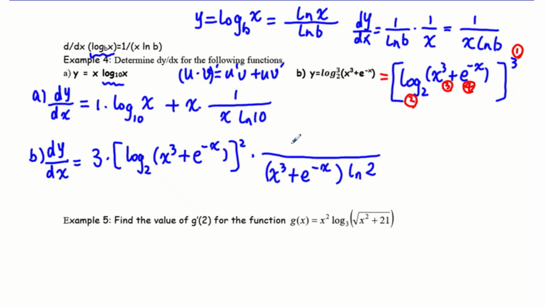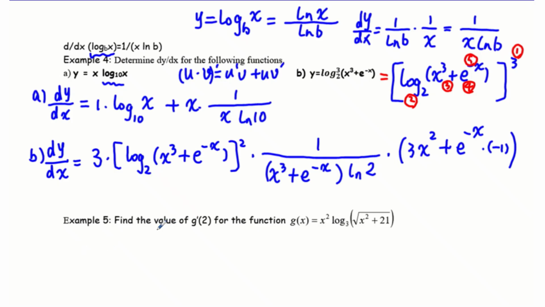Then after that, continue to the inside. So x cubed gives 3x squared. The base is e, not changed. Then we have another one, the exponent, which is negative x, so it gives you negative 1. Then it's done.